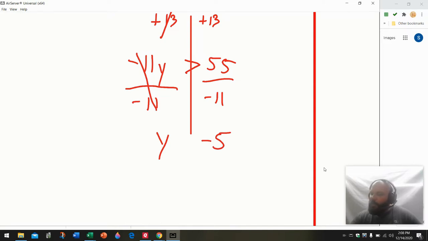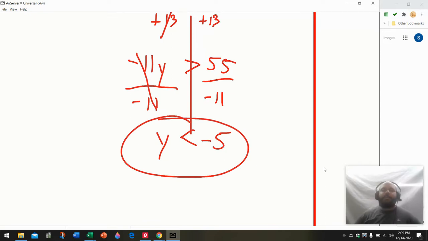But keep in mind, we divided both sides of the equation by a negative. And so when we divide both sides by a negative, you need to flip the sign over. And so what we end up with for a final answer is y is less than negative 5. So not too bad. That was a two-step one.